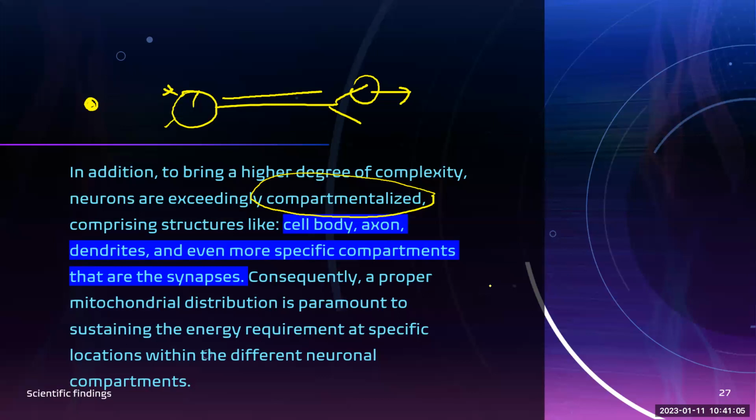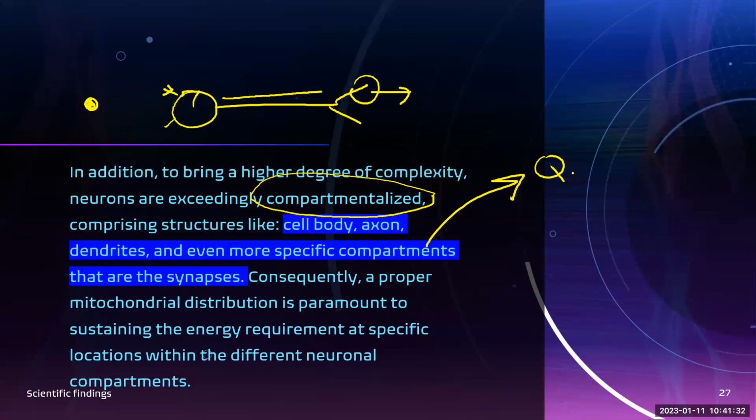Consequently, a proper mitochondrial distribution is paramount to sustaining the energy requirement at specific locations within the different neuronal compartments. Now, why is this compartmentalization important? Because every compartment has a specific role.